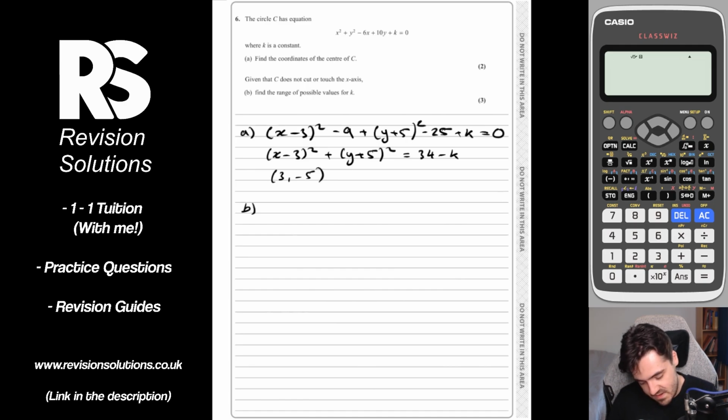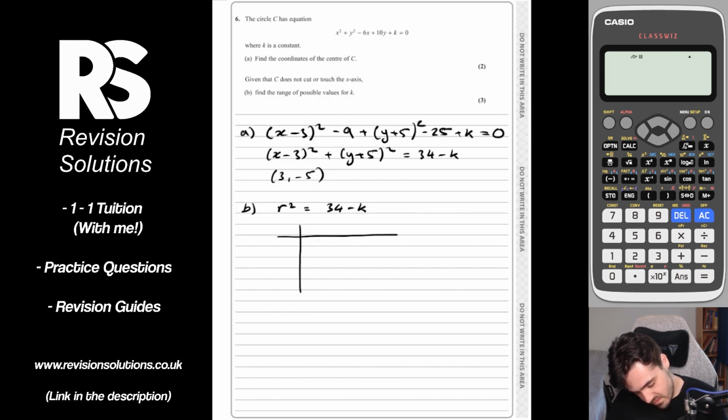Okay, now part B, it says, given that C does not cut or touch the x-axis, find the possible values for k. Well, that's going to be to do with the radius. So we know from the equation of our circle that 34 minus k is going to be the radius squared. And this info here is going to put a restriction on that. To see what it's actually going to do, let's draw ourselves a little diagram.